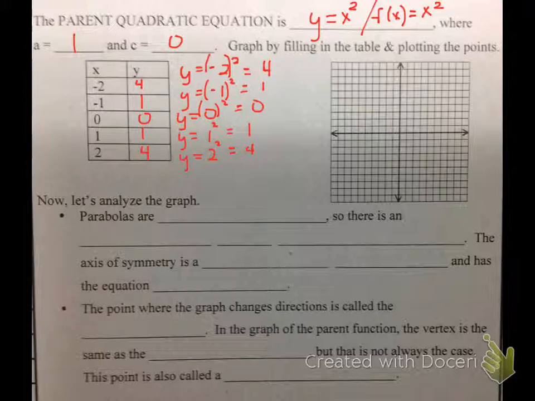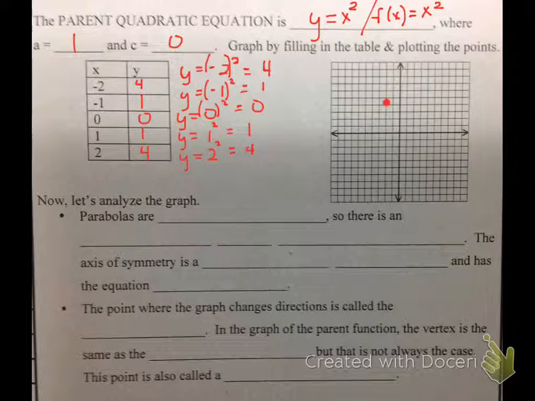First of all, we should know it's going to be at the origin. We should know it's going to be a parabola. So our first point we said was at negative 2 on the x, and 4 up. So negative 2 over and 1, 2, 3, 4 up.